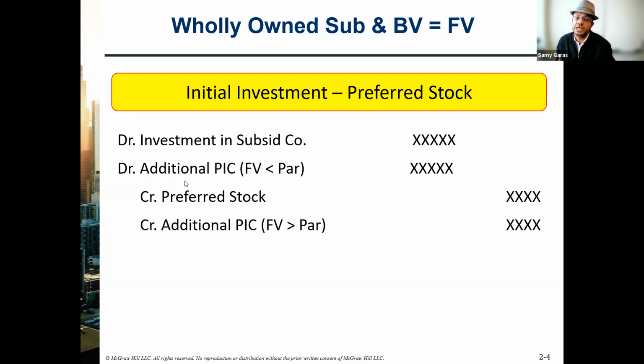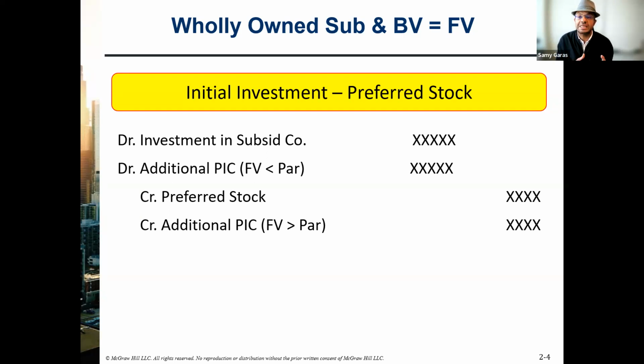Otherwise, we debit additional paid in capital. And of course, if the fair value is equal to the par value, then there is no additional paid in capital. And we had this journal entry several times in chapter 2, and we will use the same journal entry now in chapter 4. So we make this journal either in cash or bonds or preferred stock in the acquisition date.